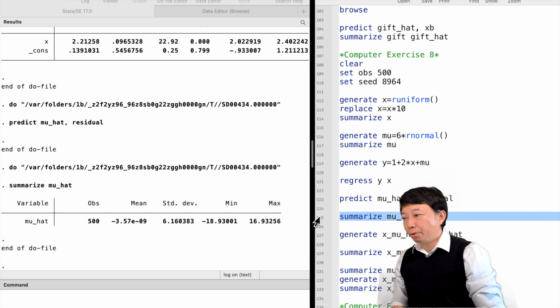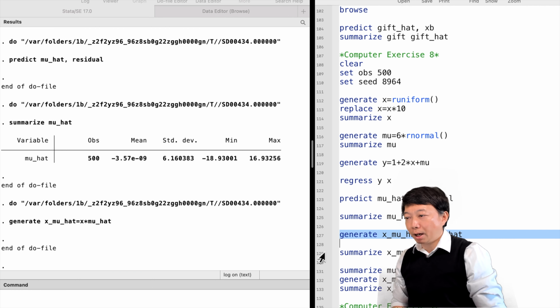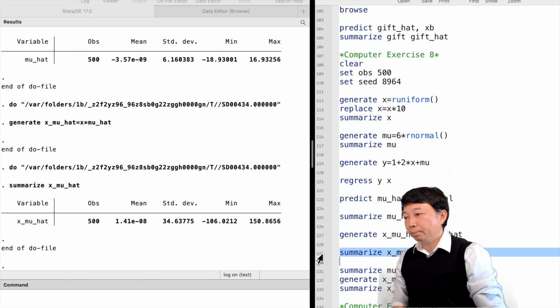It means that the residuals sum up to 0. We generate a new variable, x mu hat, to store the product of x and residual. We also use the summarize command to verify that the sample mean of it is approximately 0. So the sum of the products is 0. We have confirmed that the equation 2.60 holds.